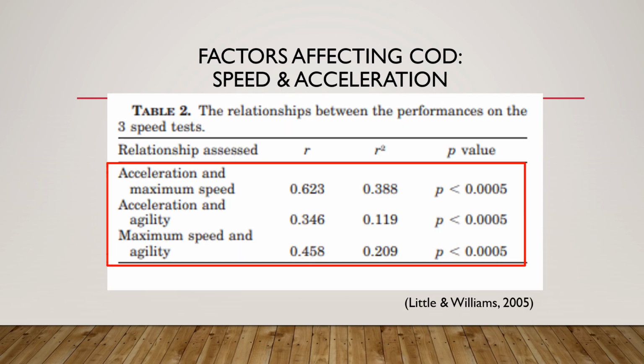And if we look at some data here, we can see the strength of this relationship between both acceleration and agility and maximal speed and agility. Whilst there are stronger relationships out there, so the relationship of acceleration and maximum speed, for example, is stronger than both acceleration and agility and maximum speed and agility, there is still a significant relationship between the two.